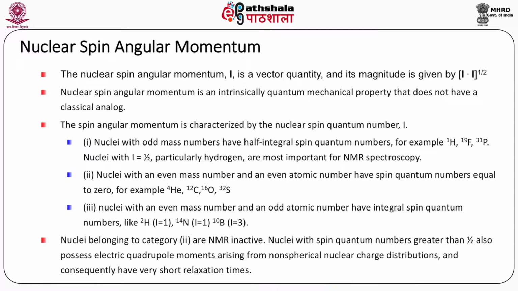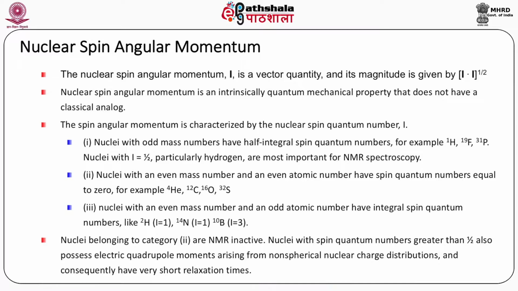But in actuality, nuclear spin angular momentum does not have a classical analog, and it is an intrinsically quantum mechanical property, and its various manifestations are best dealt with by applying quantum statistical methods.